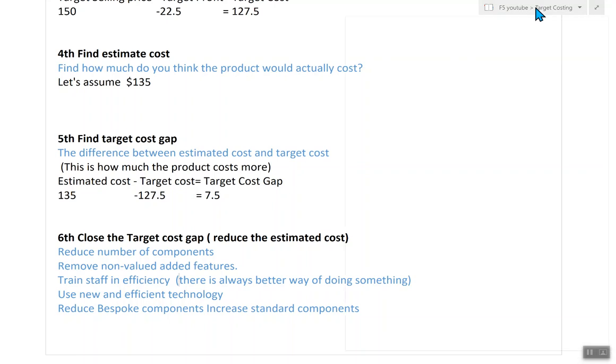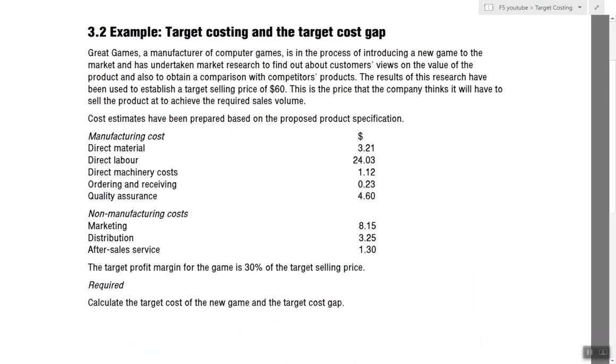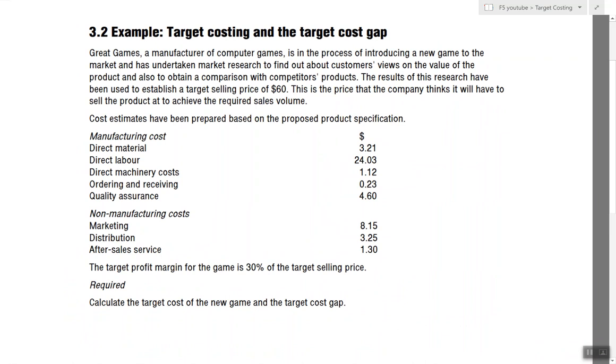So let's look at a question on it. Calculate the target cost of the new game and the target cost gap. Great Games, manufacturer of computer games, is in the process of introducing a new game to the market and has undertaken market research to find out about customer views on the value of the product and also to obtain comparison with competitors' products.